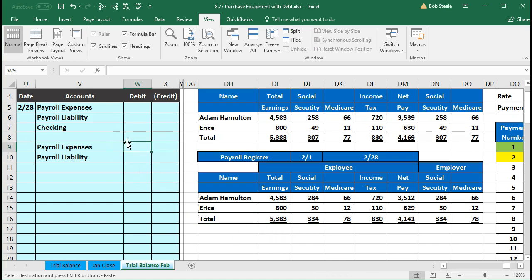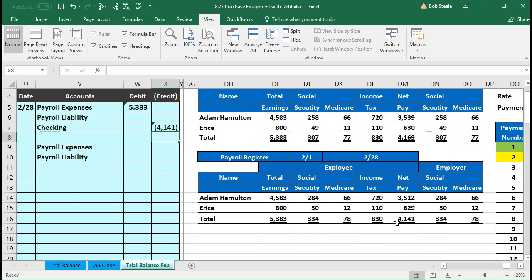So then we're going to say that the payroll expense is going to be that $5,383. So I'm just going to say it equals that $5,383. And then the check that they're actually going to get is just going to be the net pay, $4,141. I'm going to make it a credit. So in cell X7, I'm going to say negative of that number.